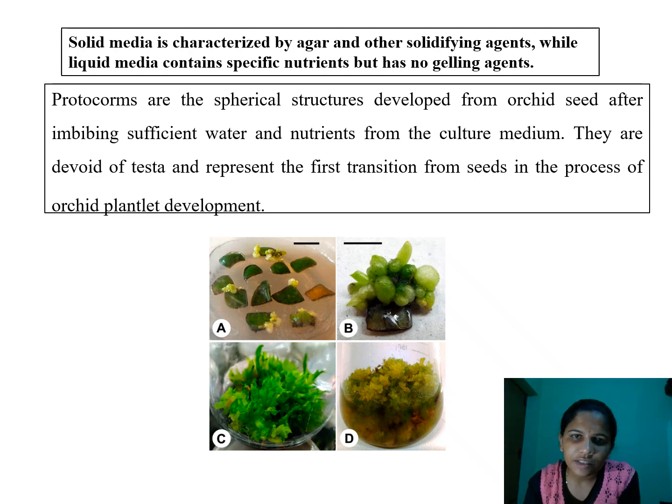We can also see some protocorm-like spherical structures here, especially in orchids, which are beautifully depicted. You can see here in the liquid medium, and it is the final product. From the starting to the whole plant development stage in different stages in our orchids.